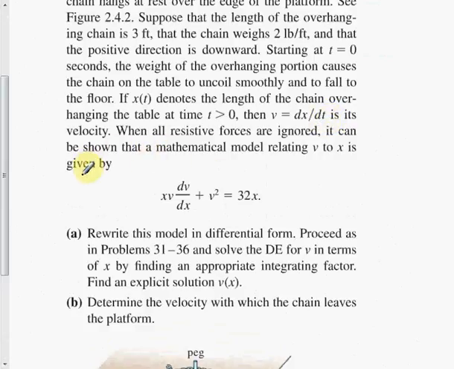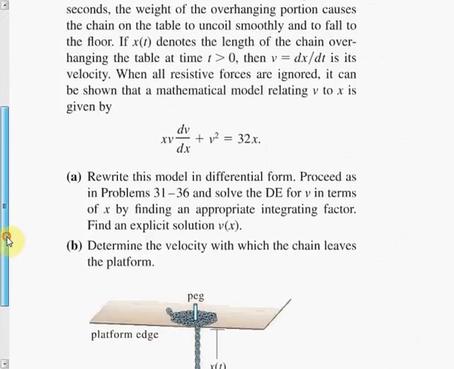And here it says when all resistance forces are ignored, it can be shown that a mathematical model relating v to x is given by this. Well, that's pretty good. They've done the hard work for us. They got a formula for us. But then it says rewrite this model in differential form. Proceed as in problems 31 and 36.